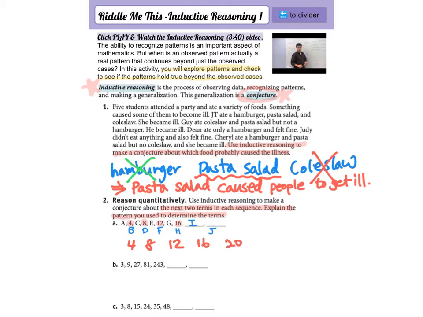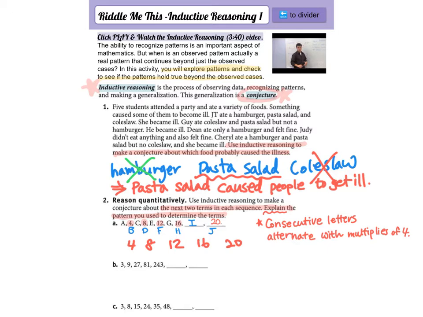It's going to be 20 because 4 times 5 is 20. So explain the pattern you use to determine the terms. You can explain as long as you describe the pattern. Mine says consecutive letters alternate with the multiples of 4.